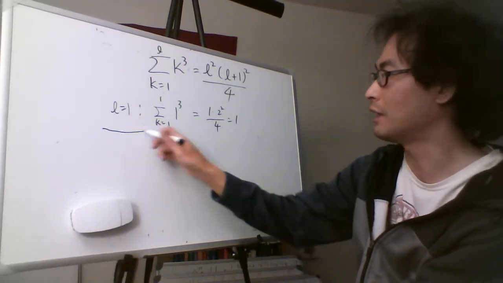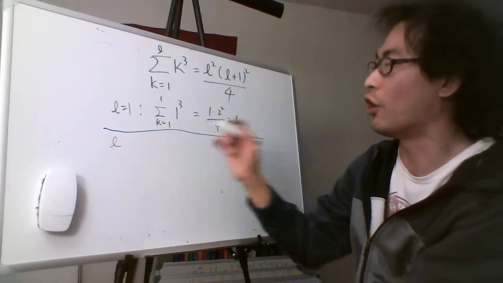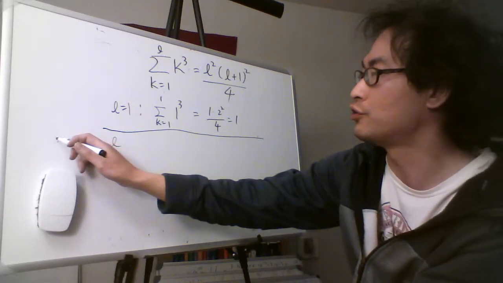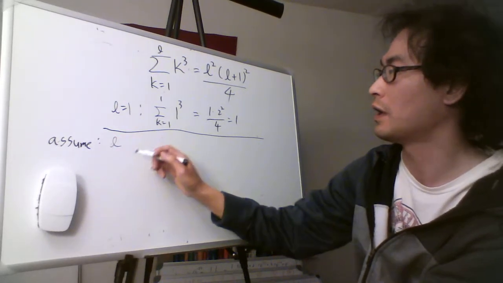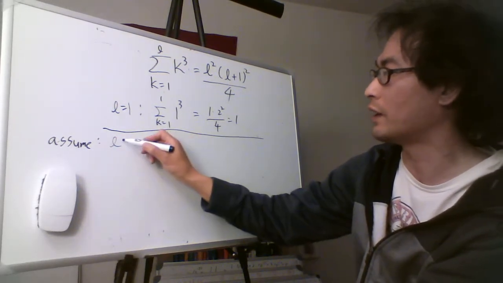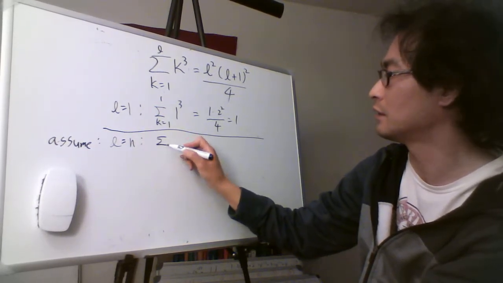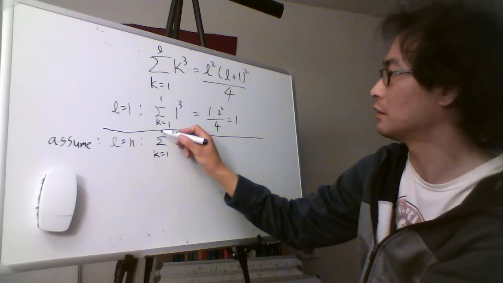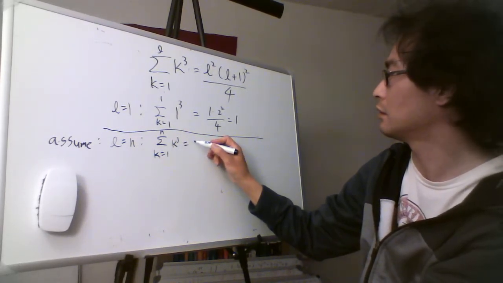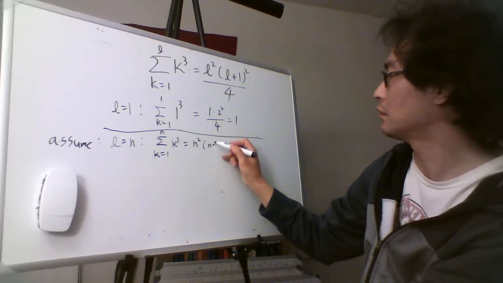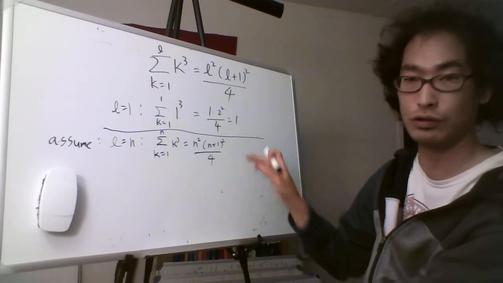Okay, now next step. Let's assume this formula is correct when L is equal to N. We are assuming that. We assume this is true.